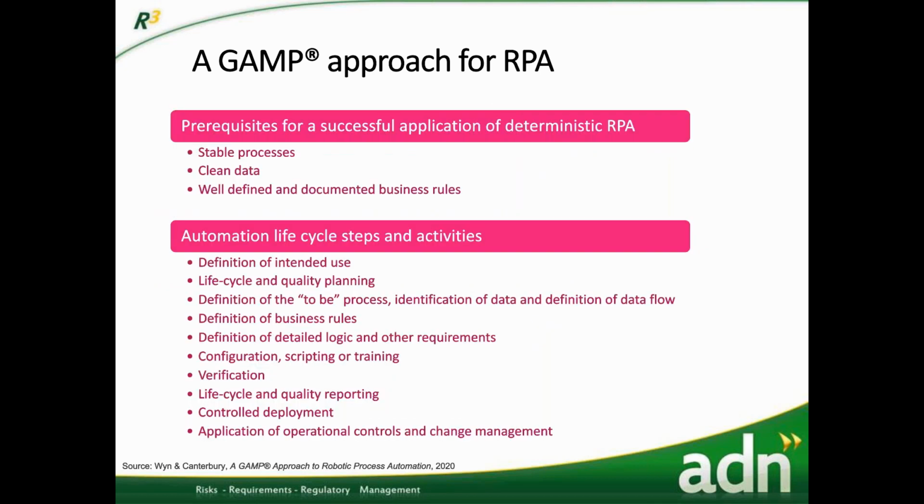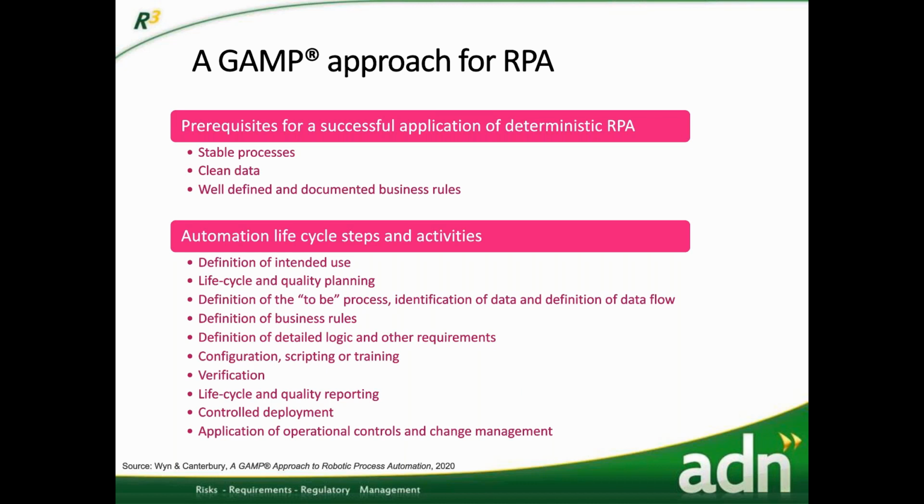In this approach, we have to focus on the prerequisites for a successful application of the deterministic part of the RPA. So we have to identify a stable process with clean data to be sure of the input and the output of the chain of tasks. And all the business rules have to be well defined and documented.